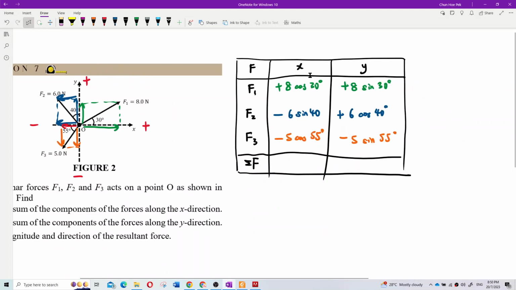So, okay, total up. Somebody please help me. Total up the x components. What do you get, class? Cannot hear your voice very well. Never mind, you just type in the chat room.